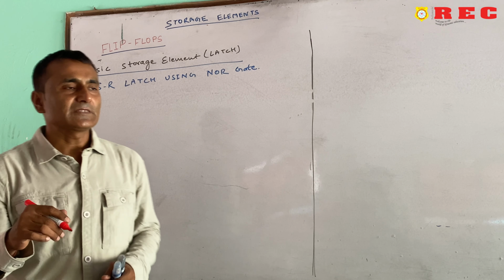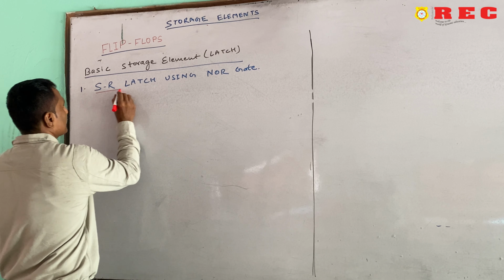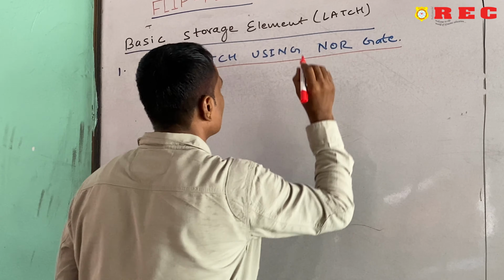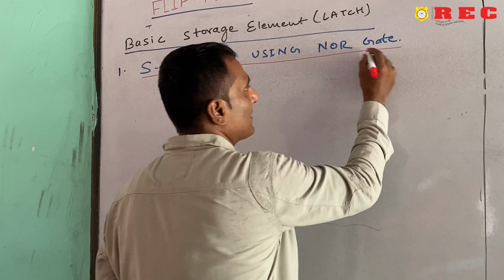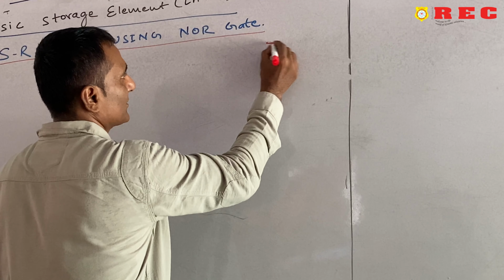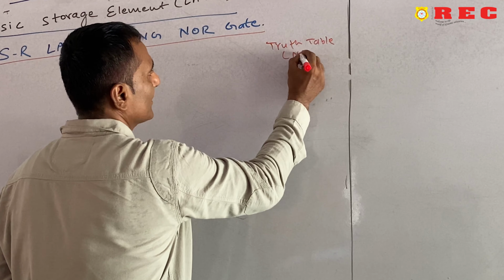Okay, so now let's see the SR latch using NOR gate. To know the SR latch using NOR gate, firstly we have to know the truth table of NOR gate.